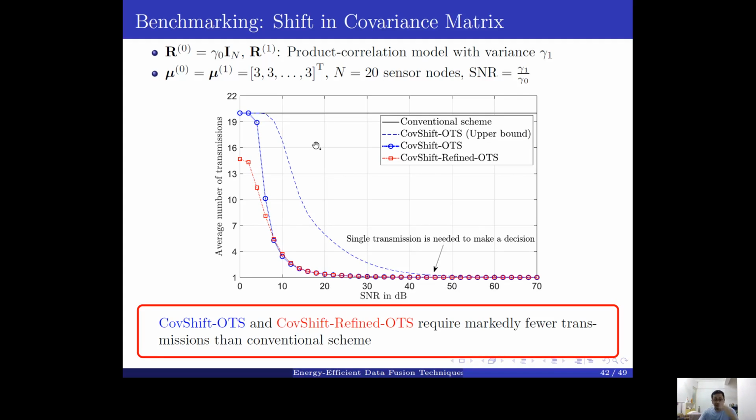Not only that, even when the SNR is around 10 dB, for example, the CovShift-OTS and the CovShift-Refined-OTS schemes require around 4 transmissions to make a decision, whereas the conventional scheme, in which all nodes transmit, will require around 20 transmissions to make a decision. Thus, both the ordered transmission schemes save around 80% of the transmissions. Thus, even with correlation, designing the metric efficiently enables us to save a significant number of transmissions compared to the conventional scheme.